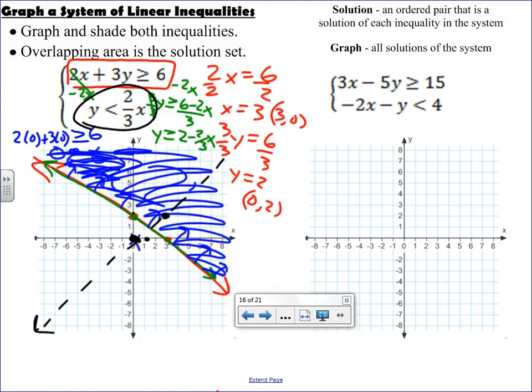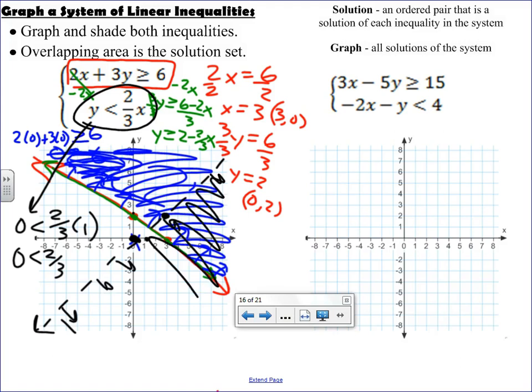So if I put 1 in for x and 0 for y, do that down here. So 0 less than 2/3 times 1 is 2/3. Is 0 less than 2/3? Yes, it is. So that is a solution, so is everything on that side of the line. So I could draw arrows to show me which way I'm going. And I'm going to shade everything over on that side.